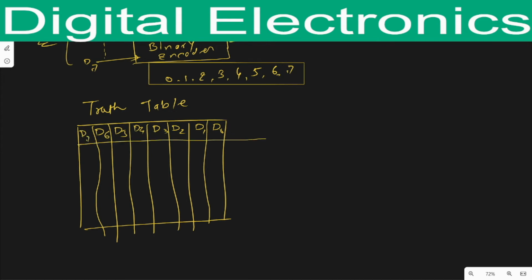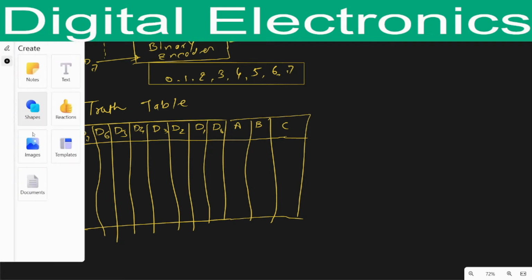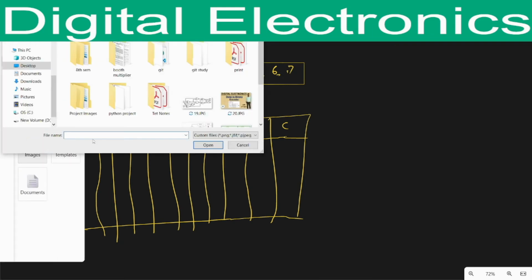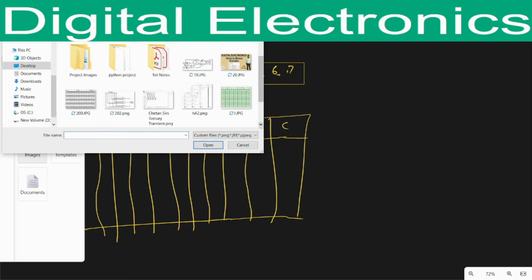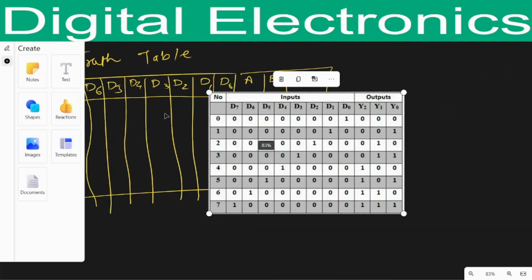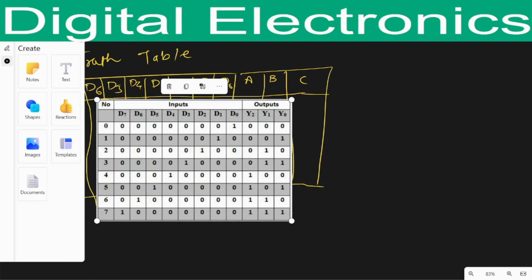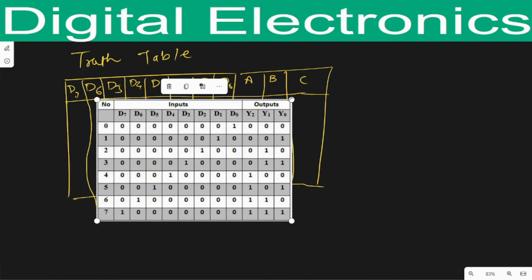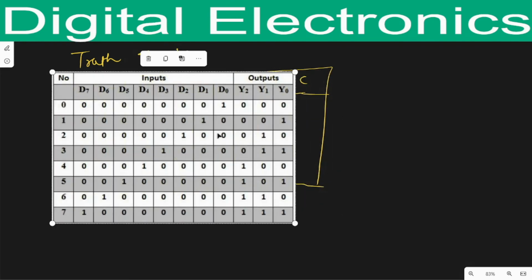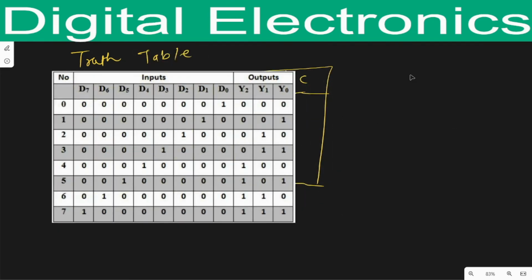Accordingly we will get 3 outputs, that means A, B and C. This one is the truth table of the octal to binary encoder. Is it clear to all of you?